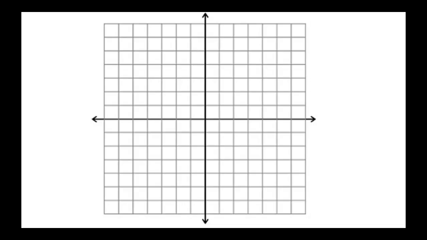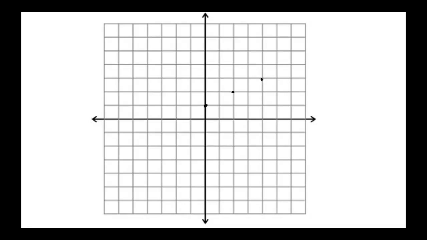Find the area of the triangle whose vertices are 1, 0, 2, 2, 4, 3. I think you see we have a problem, don't we? Well, hold on.